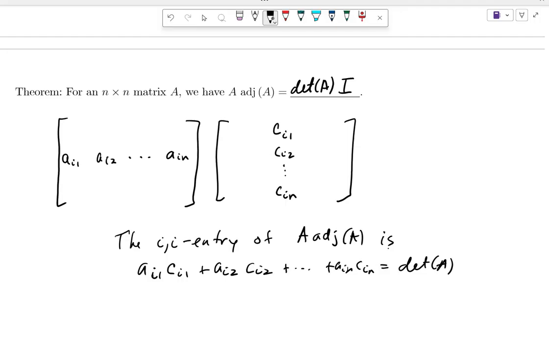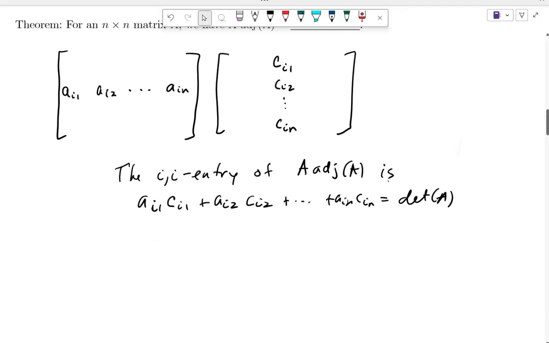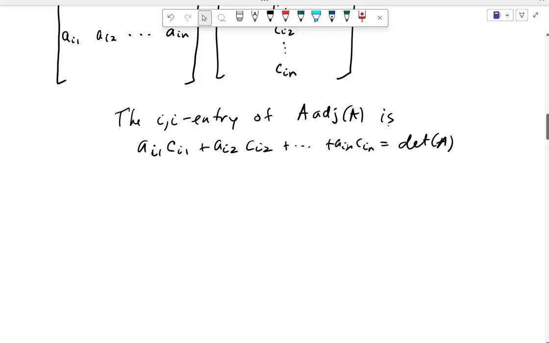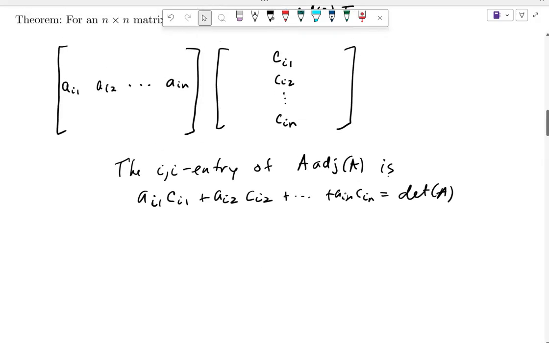Why are the other ones 0? That's weird. Why do the other ones have to be 0? That seems strange, doesn't it? Okay. So what if I had another one over here, just to write it off to the side? I had a C_j1, a C_j2, down to a C_jn.